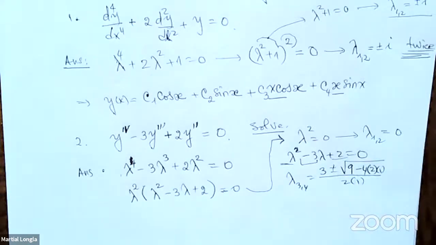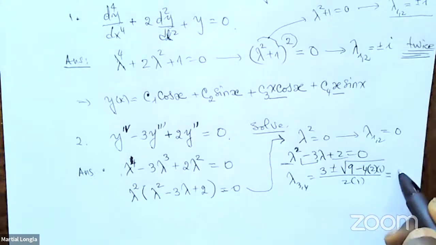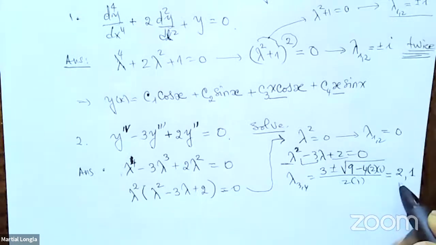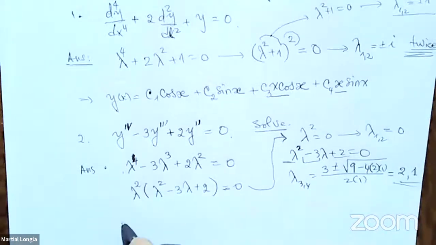So 3 plus minus 1 is 4 and 2, divided by 2, that's 2 and 1. So the two remaining answers are 2 and 1. So you got the 4 answers: 2 zeros, and then 2 and 1. And now you can write down the final answer.